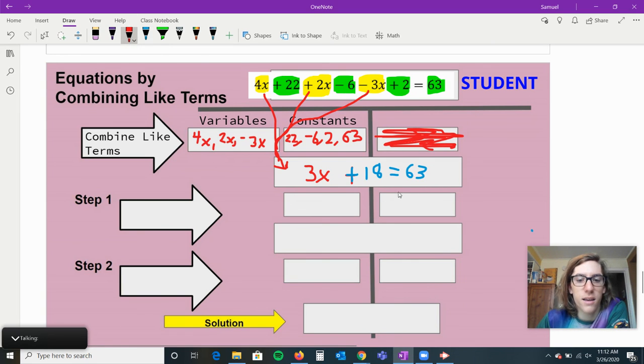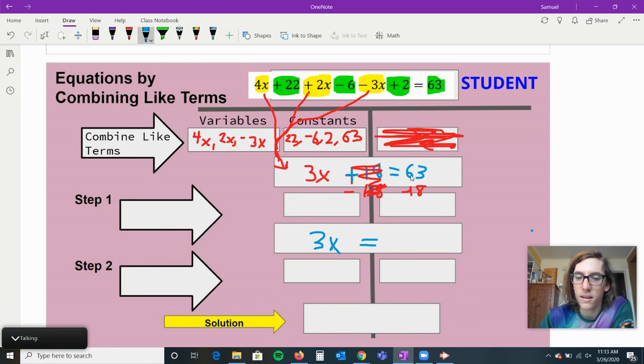So we say opposite of adding 18, subtracting 18. Subtracting 18 from both sides is going to cancel these out so that there's nothing left. And so now we have a 3x left on the left-hand side, and on the right-hand side, 63 minus 18.